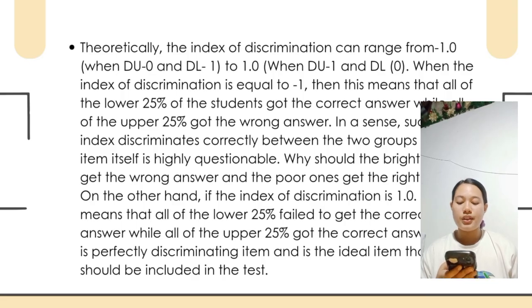When the index of discrimination is equal to negative 1, then this means that all of the lower 25% of the students get the correct answer, while all the upper 25% get the wrong answer. In a sense, such an index discriminates correctly between the two groups, but the item itself is highly questionable. Why should the bright ones get the wrong answer and the poor ones get the right answer?